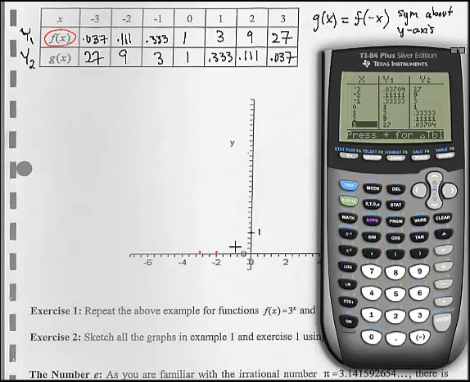Negative 1 is a third. We still get 1 for our y-intercept.